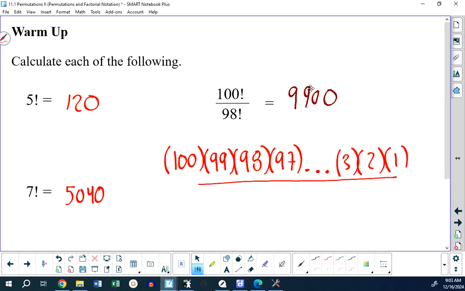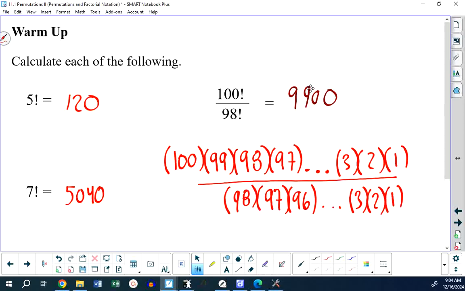And it's over 98 factorial, which is 98 times 97 times 96 times dot, dot, dot, 3 times 2 times 1. And it's a fact that this is equal to this. We're talking about factors, and you're allowed to cancel factors that are common to the top and the bottom. So when you do that, all you're left with is the 100 times the 99.